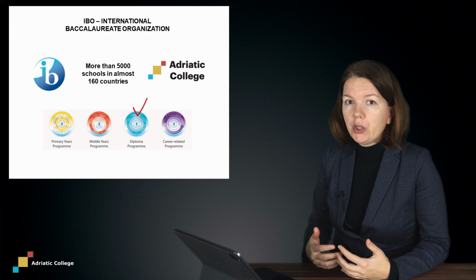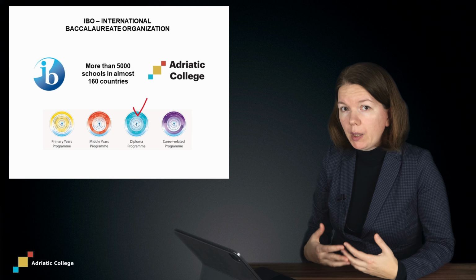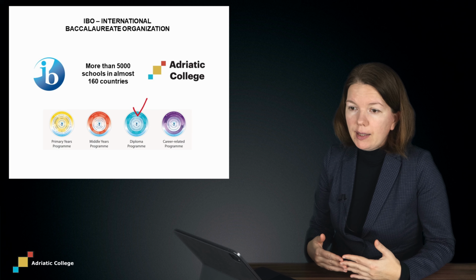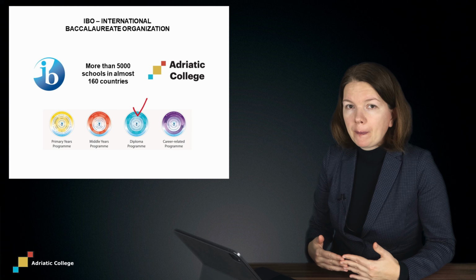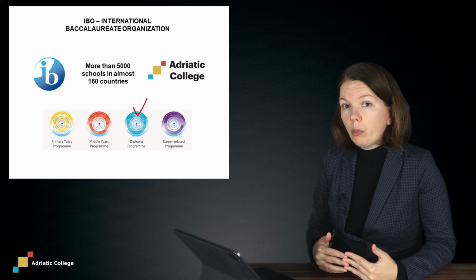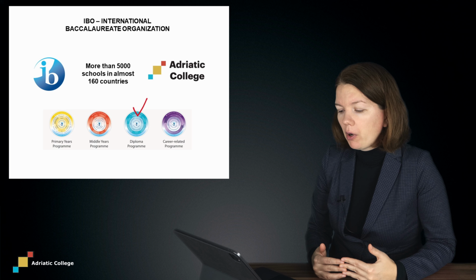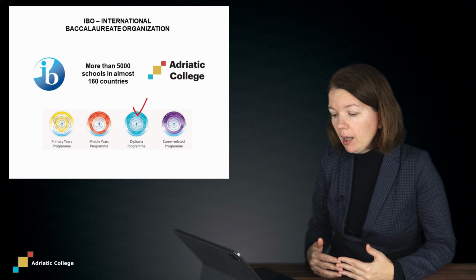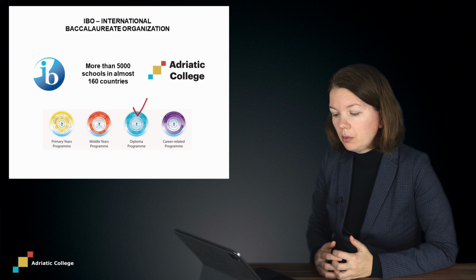Any school can choose which program to implement, and in some cases it can even be combinations of programs. So the diploma program, the abbreviation DP is commonly used, is one of the educational programs offered by the IB and is designed for high school.